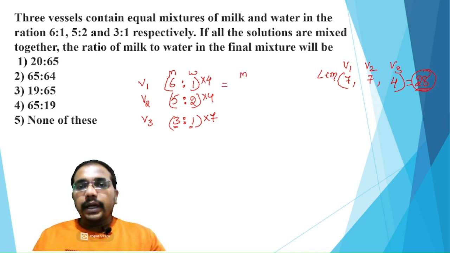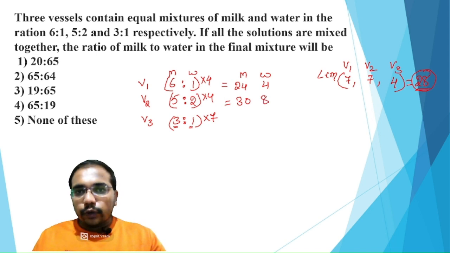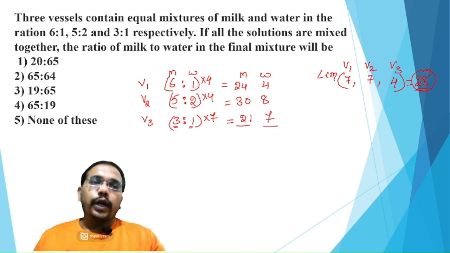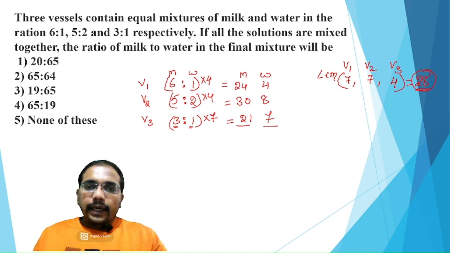Observe. Milk and water in the first vessel. 4 sixes are 24. 4 into 5 is 20. 4 2s are 8. 7 3s are 21. 7 1s are 7. Now total milk, add it. Total water also add it.